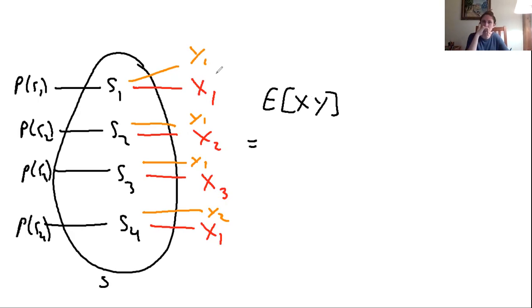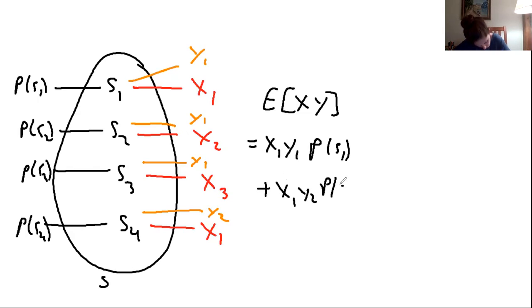So in this particular case, I can write it as x1 multiplied by y1 times the probability of S1, plus maybe x1 times y2 times probability S3, and so on.